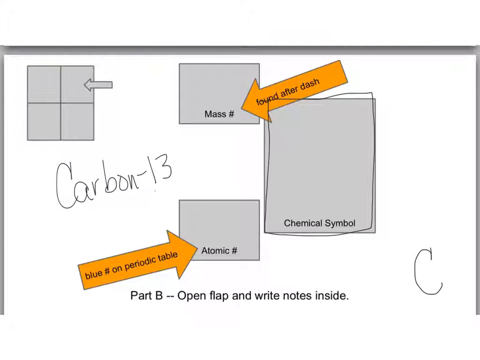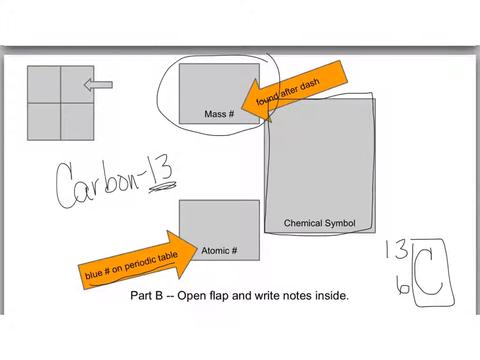And remember, we said the mass number was the number after the dash, and that goes in the upper left. So I would put 13 right here. And then the blue number on the periodic table, our number of protons, we said that for carbon it was 6. And so we would write that like that to the lower left. So we've got our chemical symbol, our mass number, and our atomic number, and that is isotopic notation.